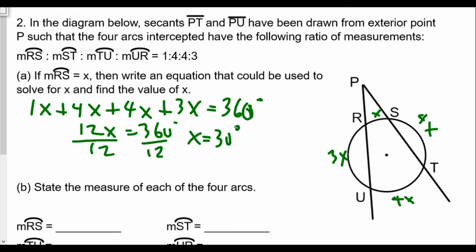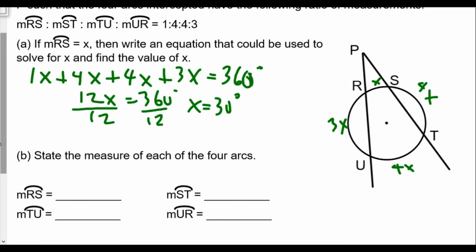A lot of times, when they give you ratios, we're going to add up those numbers to get the sum, or some way to combine them together. And here we just know that all four arcs add up to 360. So now we're going to find the value of each one. The measure of RS is going to be 30 degrees.